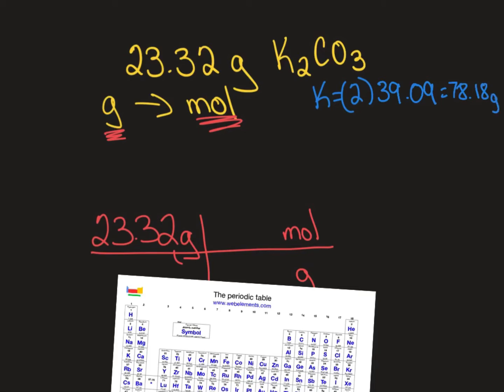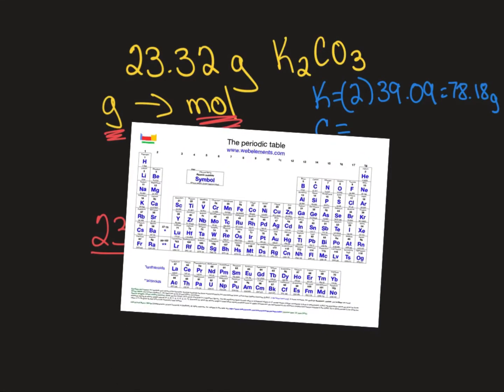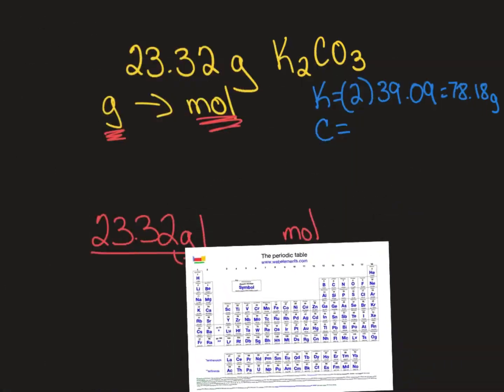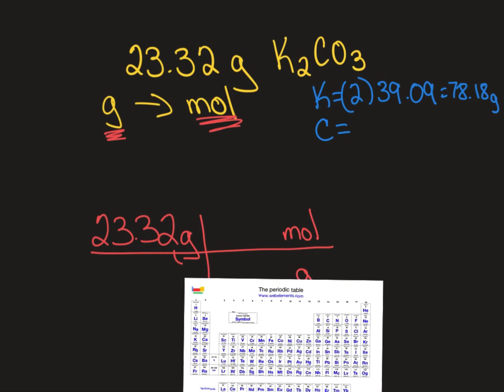And then we have carbon. We only have one of carbon. So when we look at carbon on the periodic table, carbon is 12.01. So we put 12.01. And that's it because there's only one. And then we have oxygen, and we have 3 oxygens. And I know that oxygen is 15.99. We've used it in the other example, so it's kind of fresh in my mind.